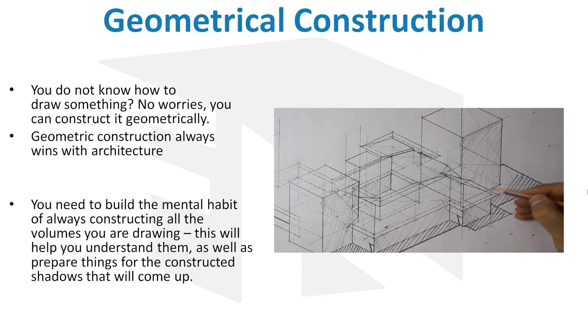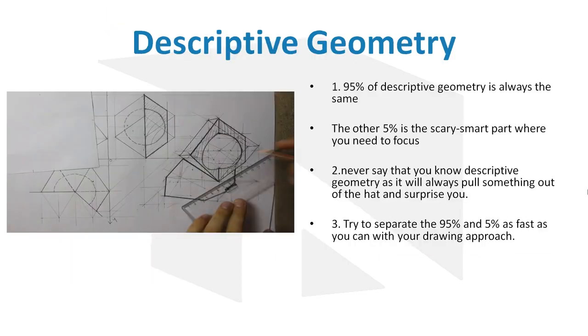And this needs to become a mental habit. You need to get used to approaching all the technical drawings you come across with this thinking of geometrical construction. Next up, you've got descriptive geometry, which is interesting.